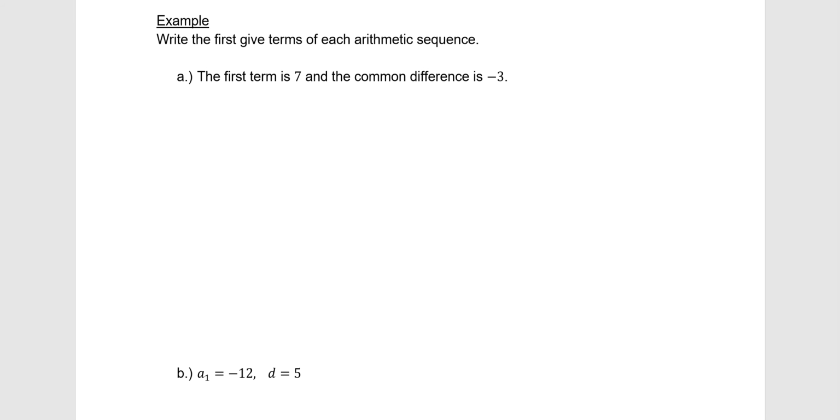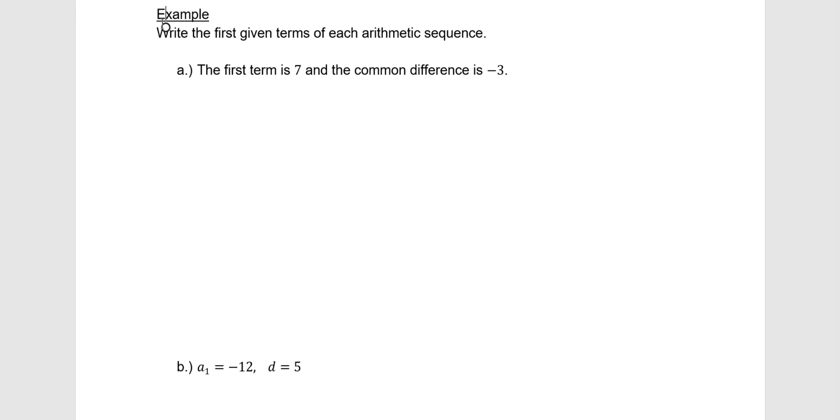And let's do another example. Write the first 5 terms of each arithmetic sequence. So for A here, we have the first term is 7 and the common difference is -3. So we are told that a sub 1 equals 7.